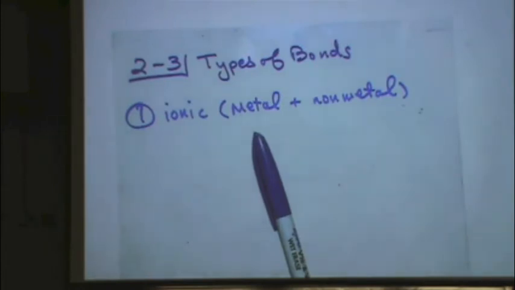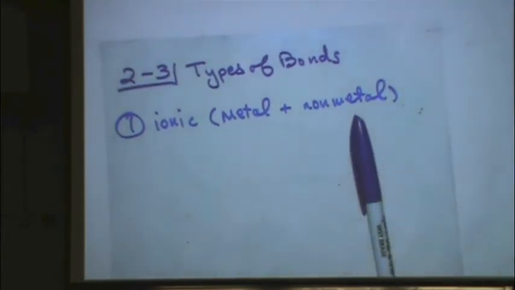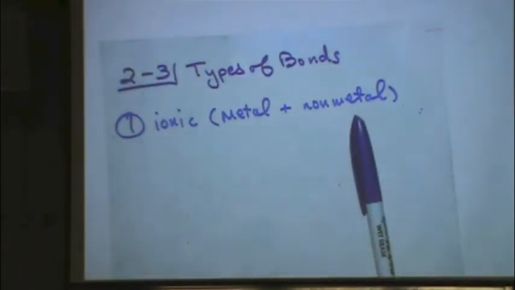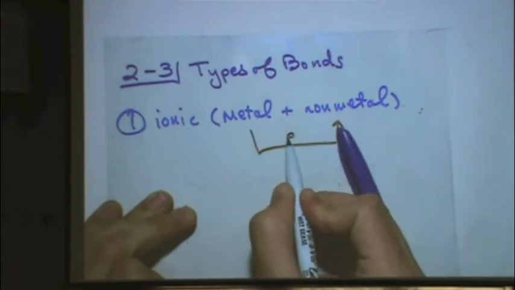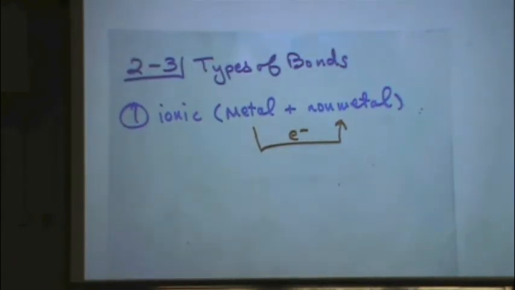It wants to lose an electron to have its noble gas configuration. The non-metal undergoes electron affinity energy to gain an electron. So it transfers from the metal to the non-metal. So electron transfer, transfer is the key word, goes from the metal to the non-metal. At least one, maybe more. Okay, that's the first one.